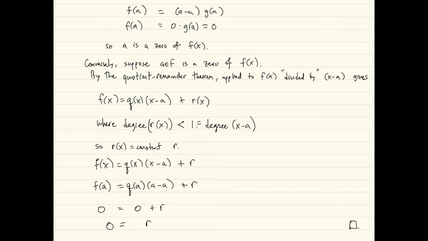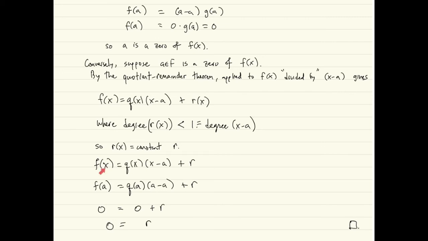But the degree of x minus a is 1, and so the degree of r(x) is 0, which means r(x) is a constant. In other words, it's a number. It has no dependency on x. So we get that f(x) is some quotient times x minus a plus a remainder.